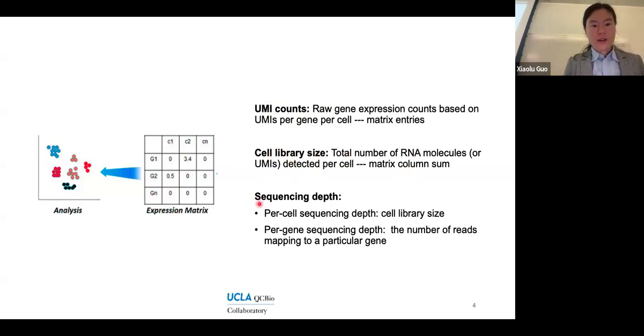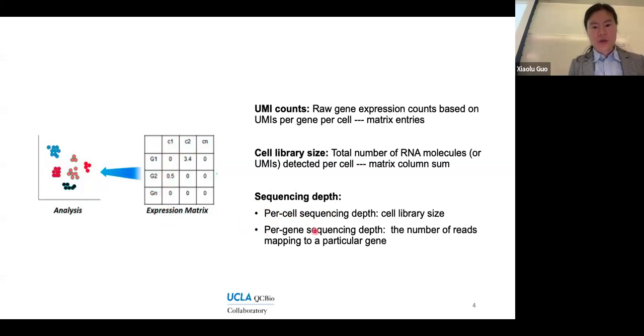Another concept is the sequencing depth. There are two types of sequencing depth in single cell RNA sequencing analysis. One is per cell sequencing depth, which is the cell library size, so basically the sum of each cell: how many total counts of mRNA for that cell were sequenced.